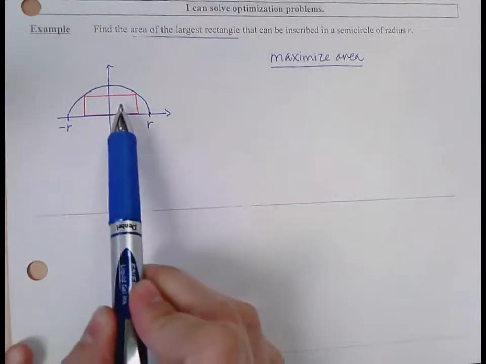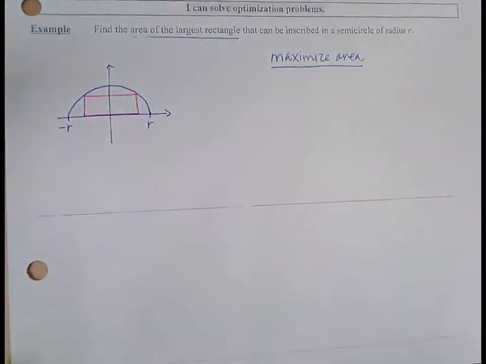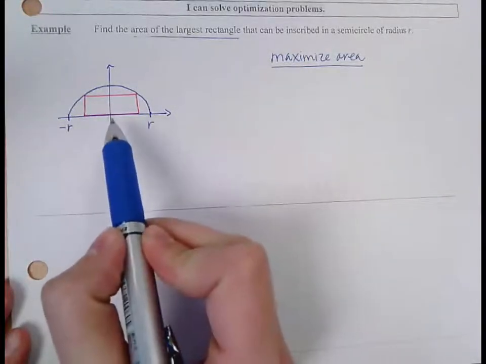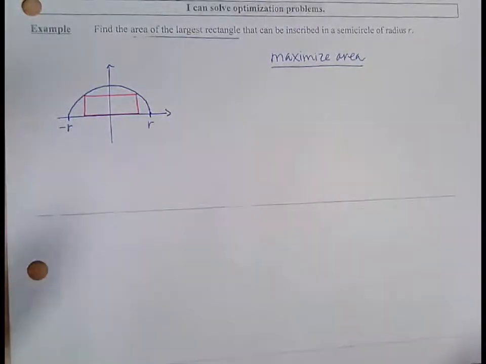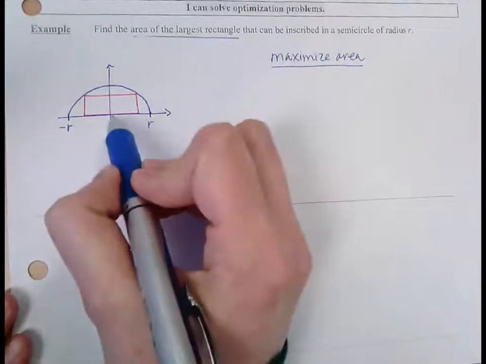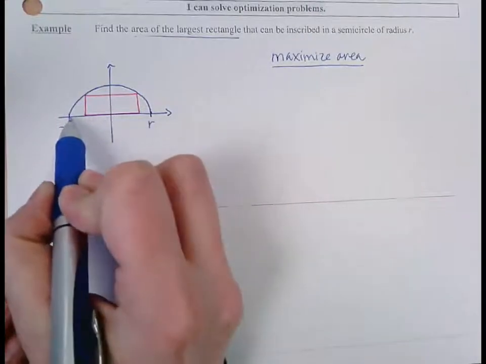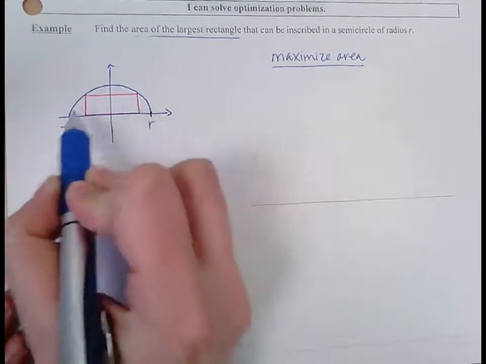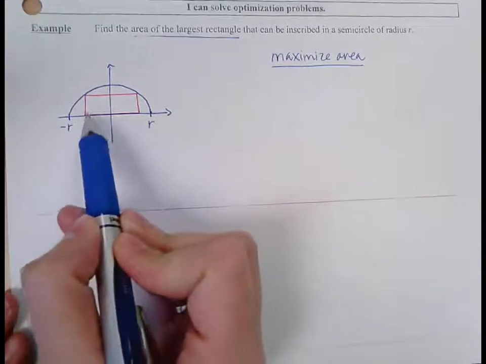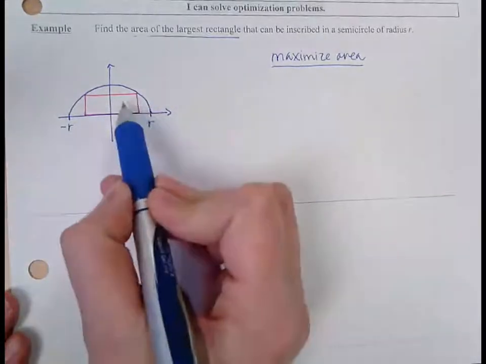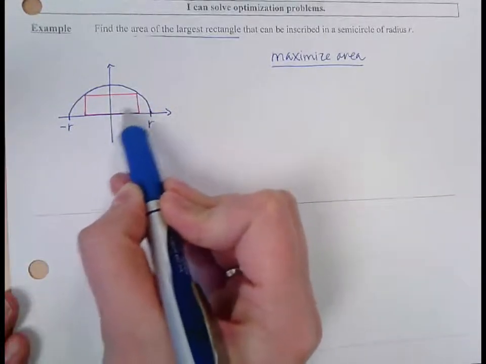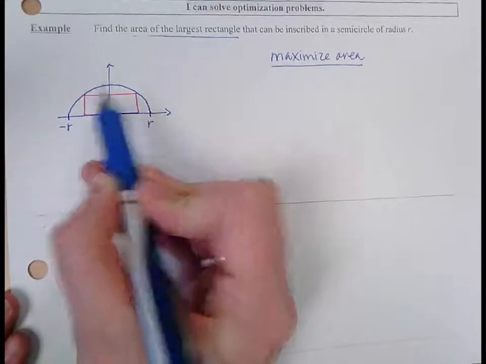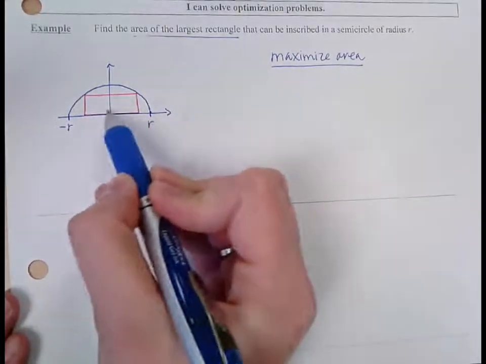All right, so in order to set up an area function or area formula for this rectangle, I need labels for my rectangle. So I am going to label, and I chose this example to go through with you on purpose, because the semicircle is centered at the origin, I then can say, for example, this right half of my rectangle is symmetric to the left half of my rectangle.